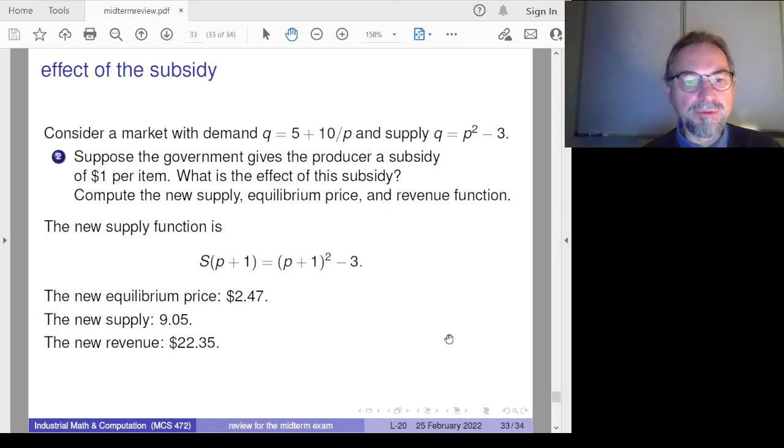And redoing all the computations, it means that the equilibrium price actually drops. It was $3 something, so now it becomes $2. There's also more supply, and the revenue is increased as well. So we compute with this new equilibrium price, we redo all the computations.